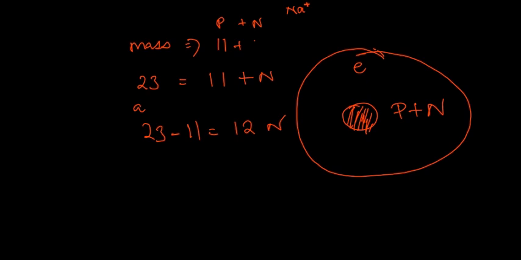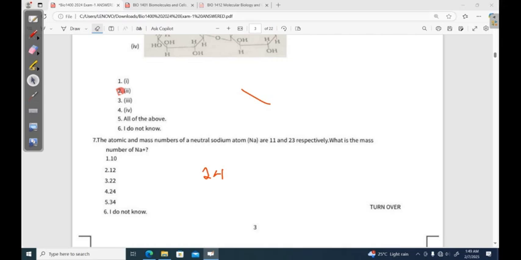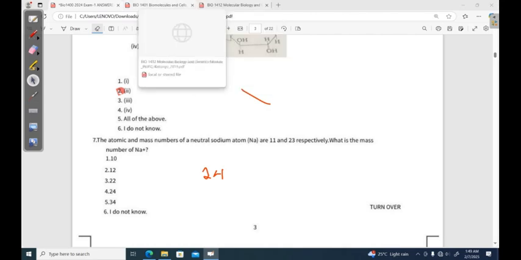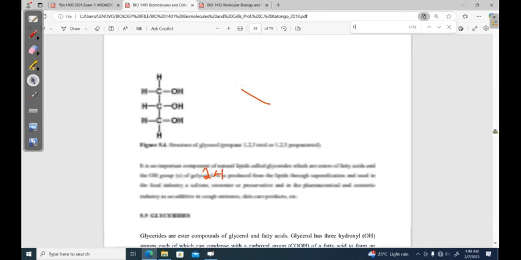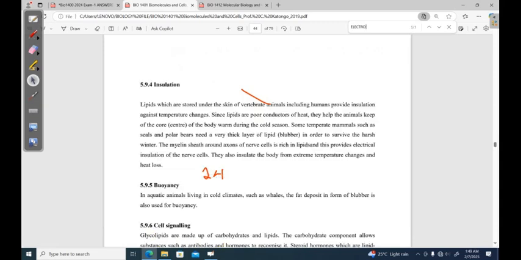What we also need to know is that when you look at the electrons and the protons, I need to explain something here. We will go to biomolecules, so we need to know the exact details.